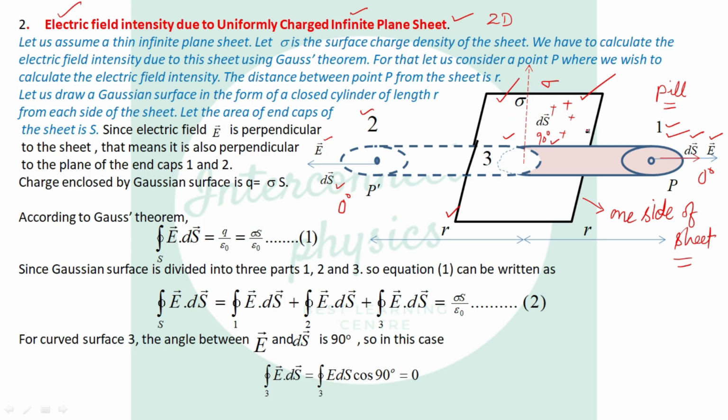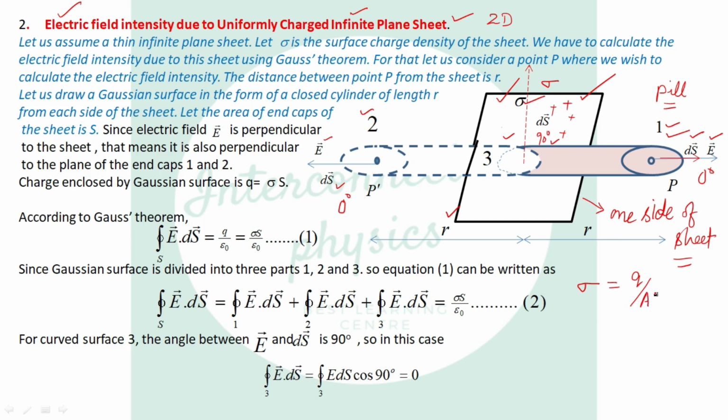Now this is an example of continuous charge distribution. It means we don't know here the value of charge. We cannot calculate how many charges are present over here. So we use surface charge density, that is sigma, which is Q divided by area.